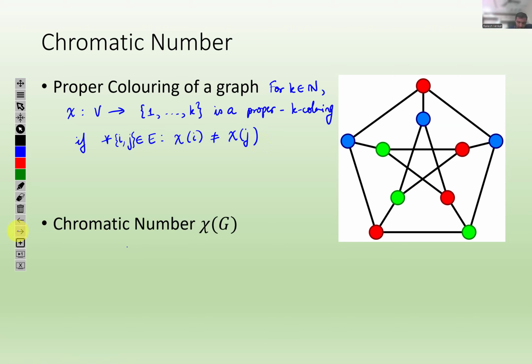And based on proper colorings, the chromatic number chi of g is the minimum k such that g has a proper k coloring. Okay, and just like the previous alpha of g, finding chi of g is an important computational problem.